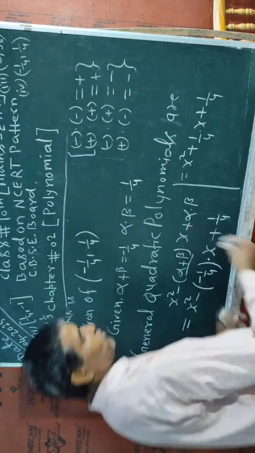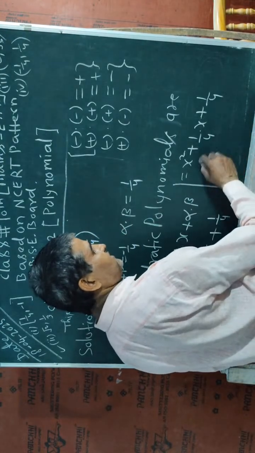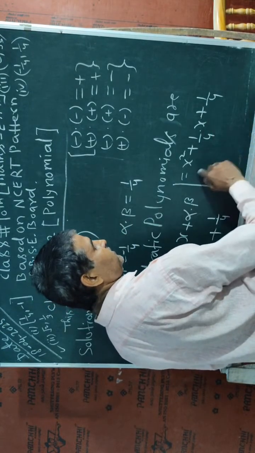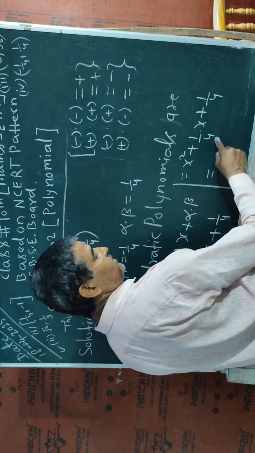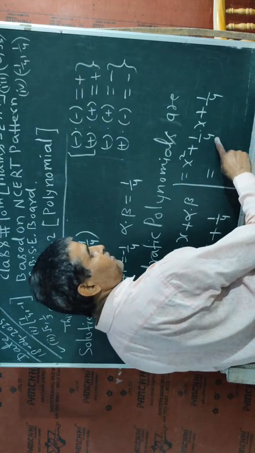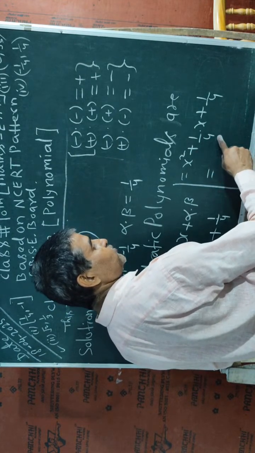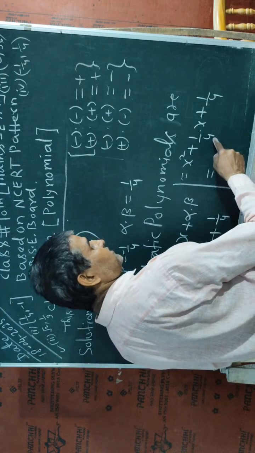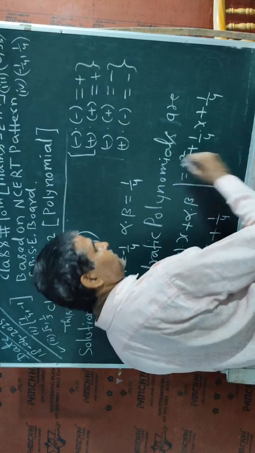Now further I am going to solve this one, because in this particular quadratic polynomial, a denominator other than 1 is available, it means that 4 is available, and this 1 by 4 I am going to take common. So I will use it like this.